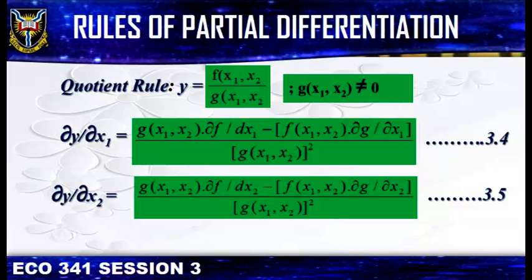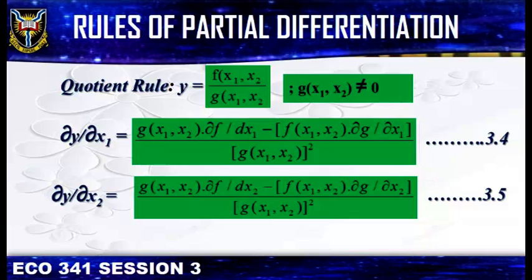Hence, partial dy over partial dx1 is equal to (5x1 + 3x2) dot 6 minus ((6x1 + 7x2) dot 5) over (5x1 + 3x2) squared, is equal to 30x1 + 18x2 minus 30x1 minus 35x2 over (5x1 + 3x2) squared, is equal to 18x2 minus 35x2 over (5x1 + 3x2) squared.